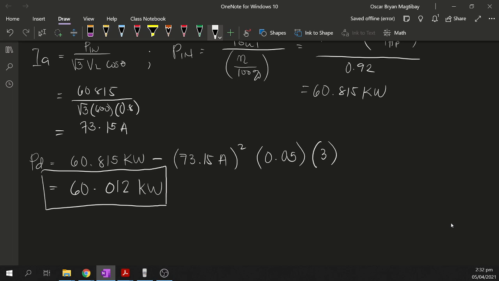Pwede kaya ang approach natin, tingnan natin. Pwede ba nating gawin na ang approach natin is PD is equal to 3 times E phase IA cosine theta. Kaso, kailangan natin hanapin si E phase.